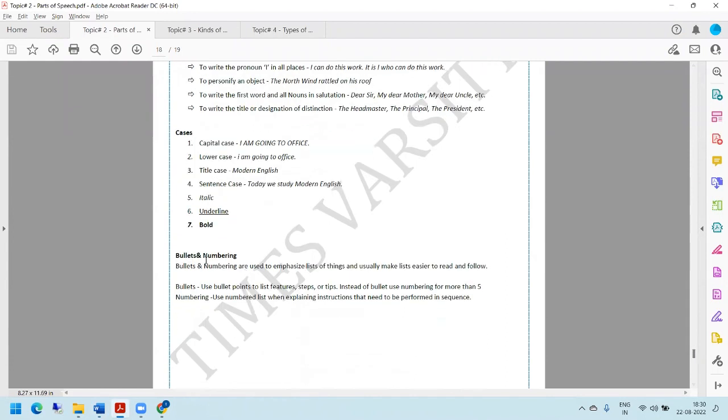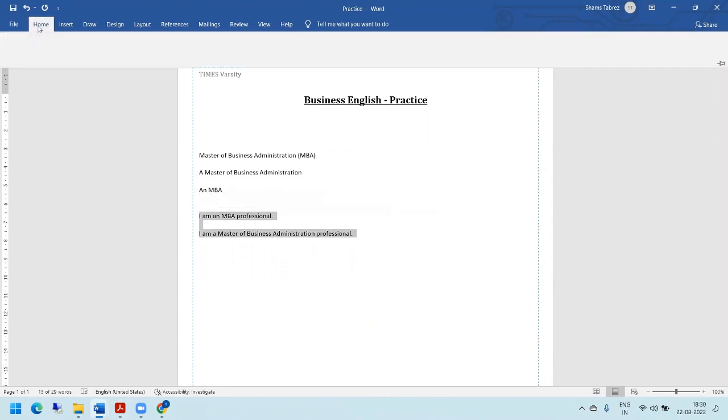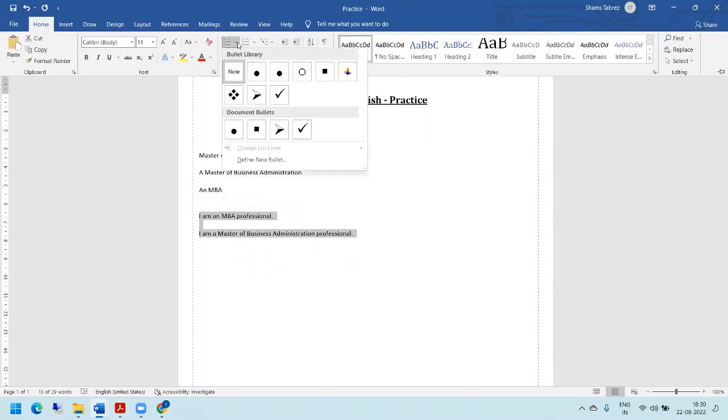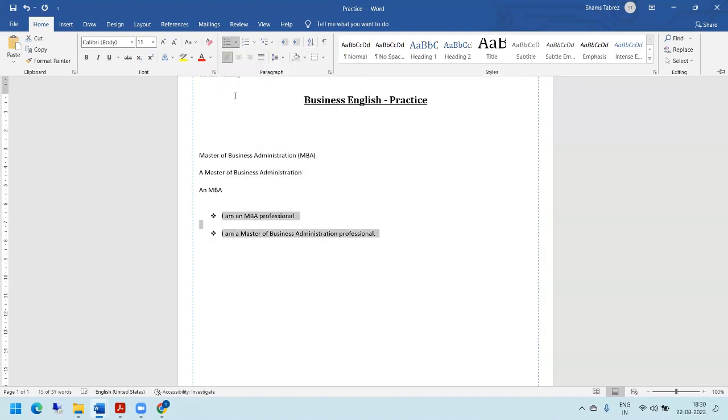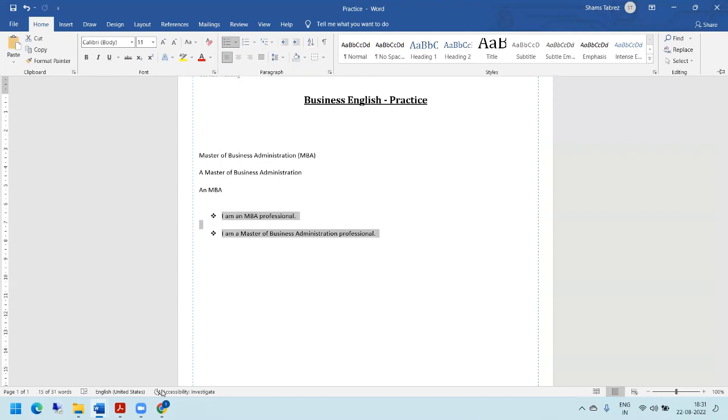Okay, and then similarly, we have bullets and numbering. For example, if I want to apply a bullet or numbering, I select here, and there is the option of bullets. These are called bullets. Then instead of bullets, we can also use numbers or alphabets. So these are called bullets and numbering.